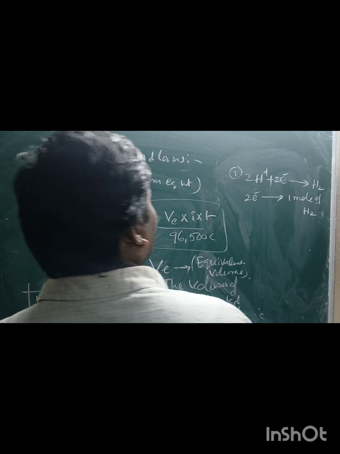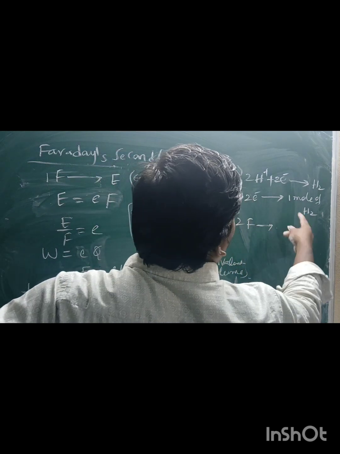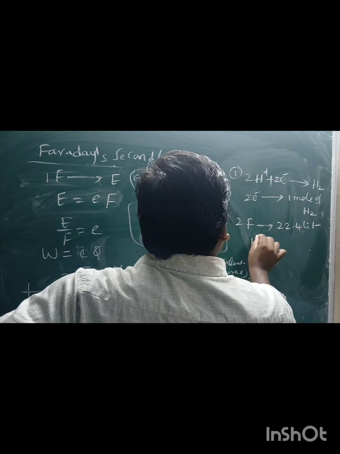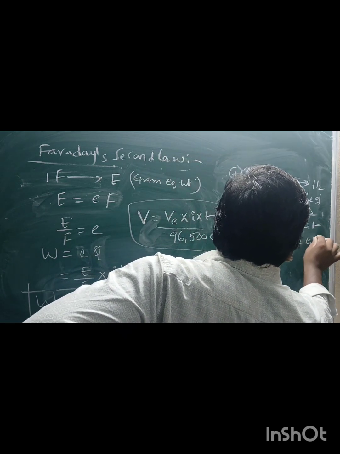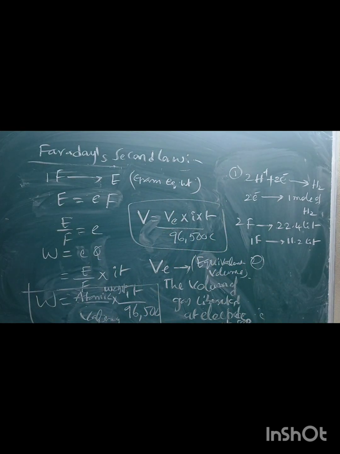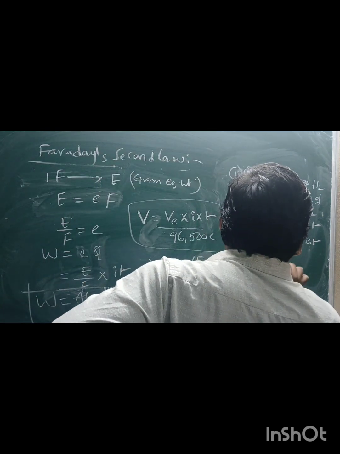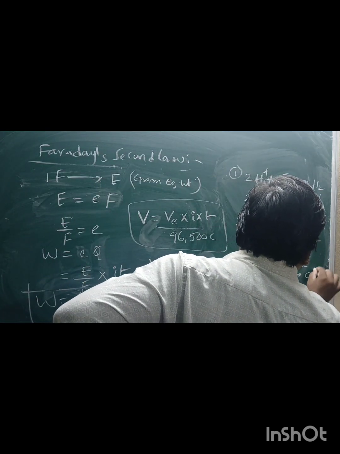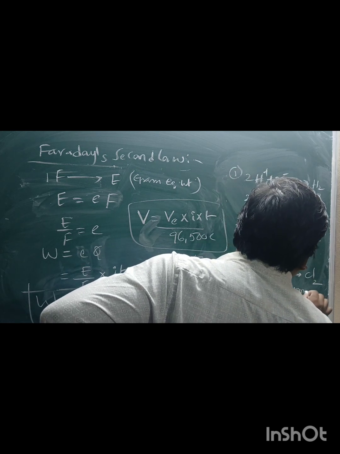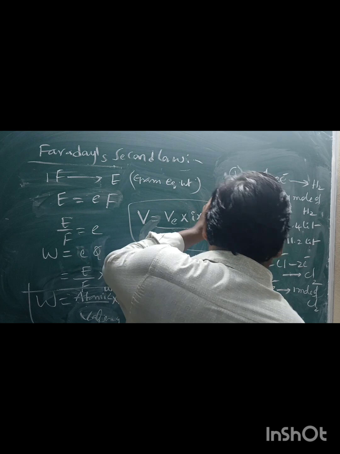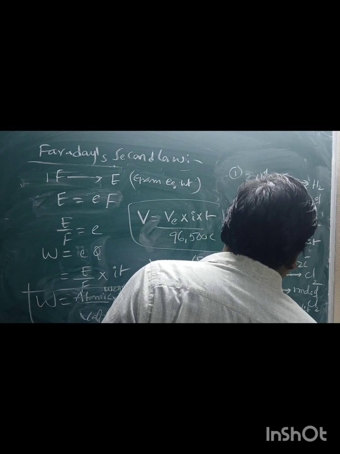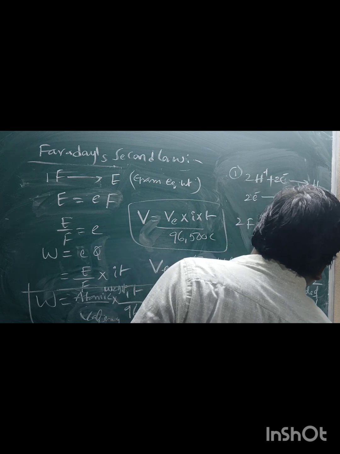Here 2 Faraday is equal to 1 mole of any gas, which occupies 22.4 liters, so 1 Faraday is equal to 11.2 liters. And if you take one more, 2 Cl minus ions lose 2 electrons to form Cl2 gas. 2 electrons is 1 mole of chlorine gas, that is 2 Faraday is equal to 22.4 liters, so 1 Faraday is equal to 11.2 liters.